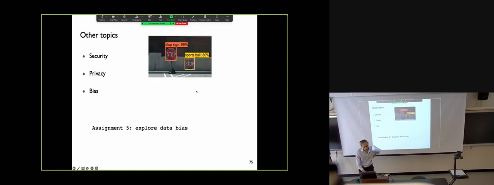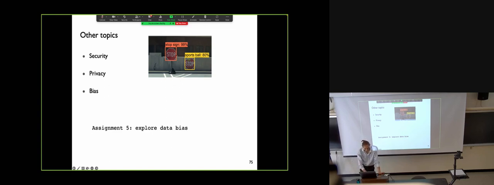And there are other topics. Of course, data security and ML security, privacy and bias. There are all kinds of problems. For example, this is a model that predicts stop signs, for example for self-driving cars.